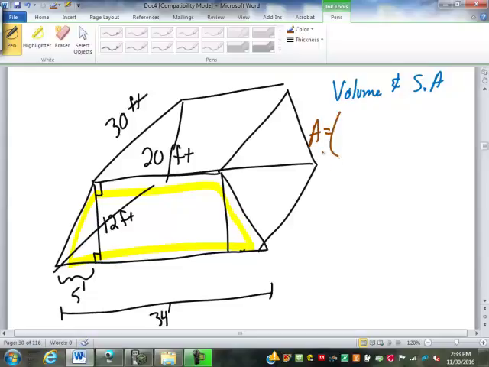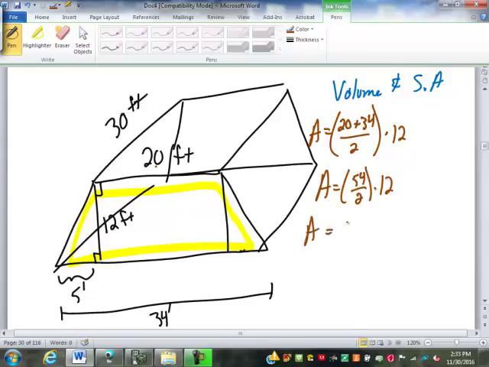I've got to find the average of the bases, so it's 20 and 34 divided by 2 times that height of 12. Well, 20 and 34 is 54. Divided by 2 is 27. Times 12 is 324 square feet, I believe.